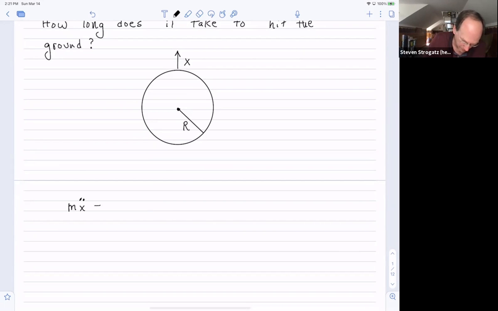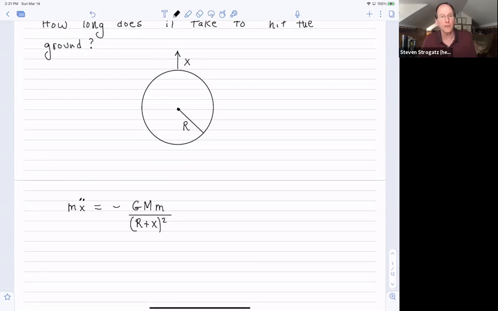And so the force is given by Newton's inverse square law, so minus G, big M, the mass of the Earth, little m, the mass of the toy rocket ship, over its distance from the center of the Earth squared. So that would be R plus x, all squared, here R being the radius of the Earth.